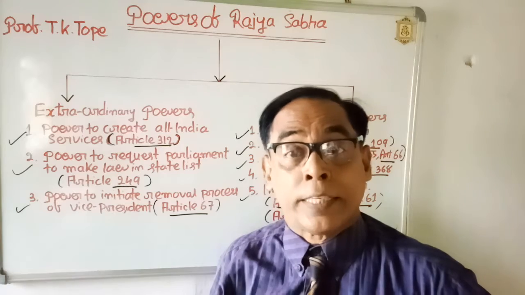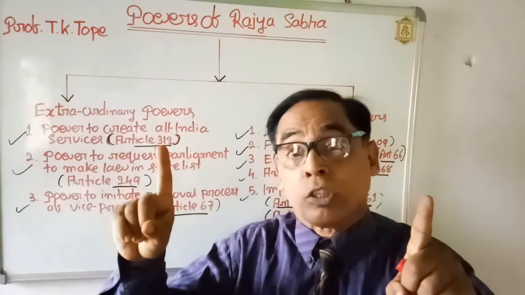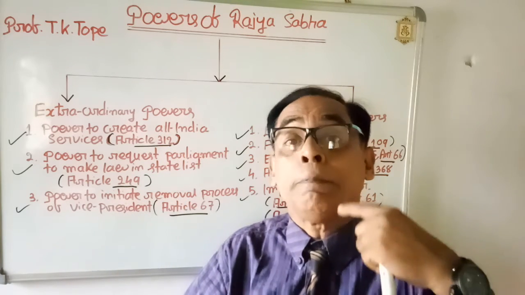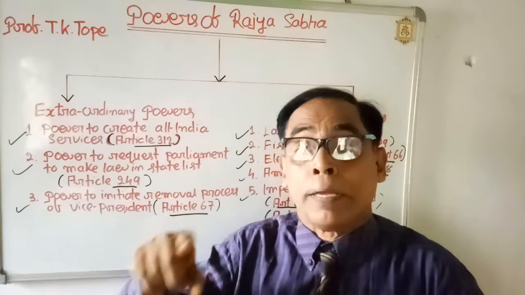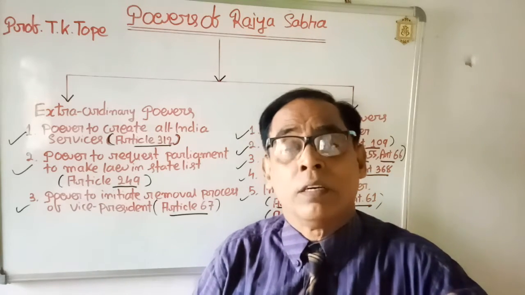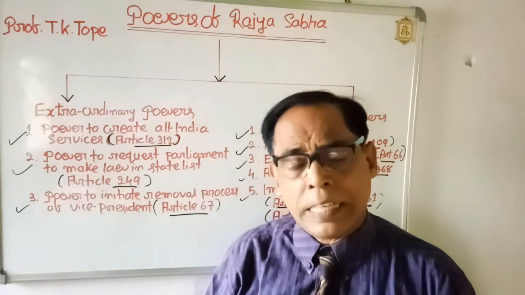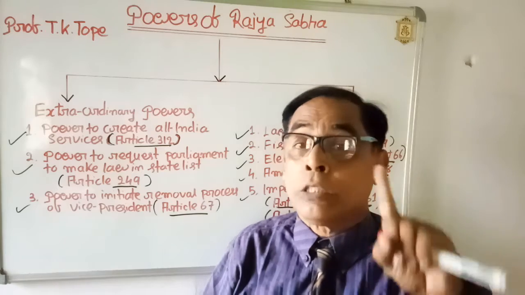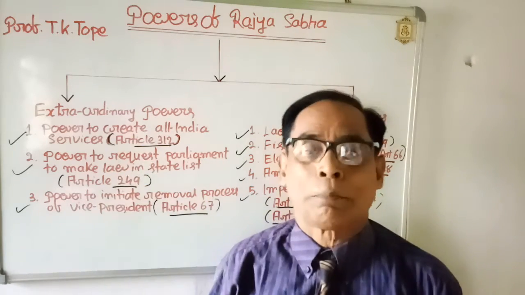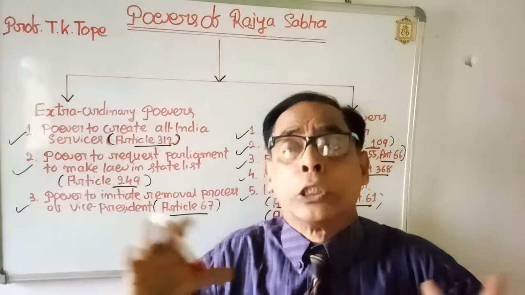About its importance, it is said the appeal of Rajya Sabha to Lok Sabha is like appeal from Philip the Sober to Philip the Drunken. It means whenever Rajya Sabha will make some appeal to Lok Sabha, it is like appeal from a sober person to a drunken person. So Rajya Sabha is a very vital institution.